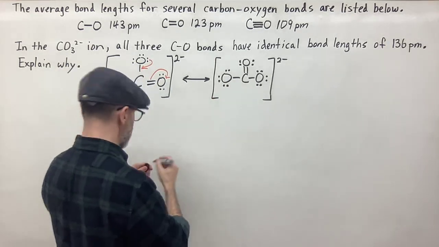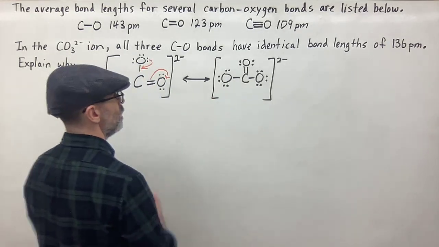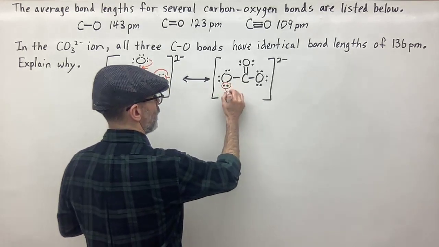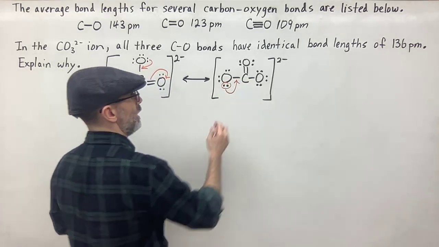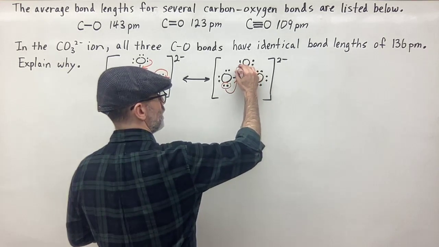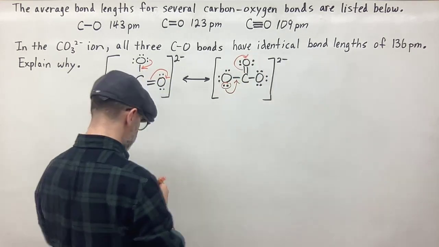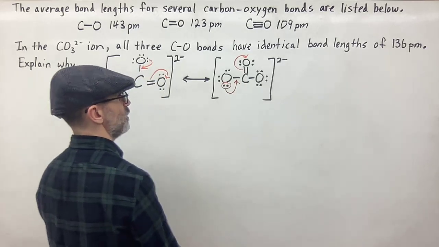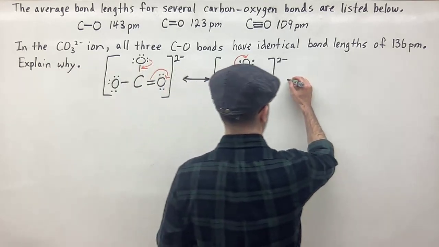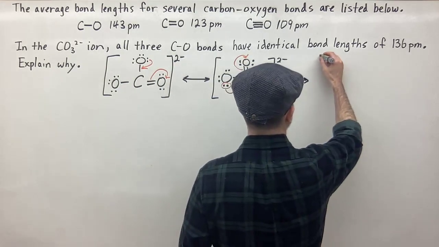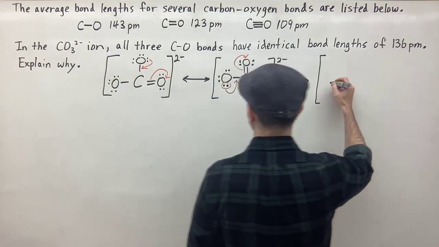Or what could happen is the lone pairs here could go there and then push a pair of electrons here, and then they'll go back up onto the oxygen. And so we can draw our third resonance structure.